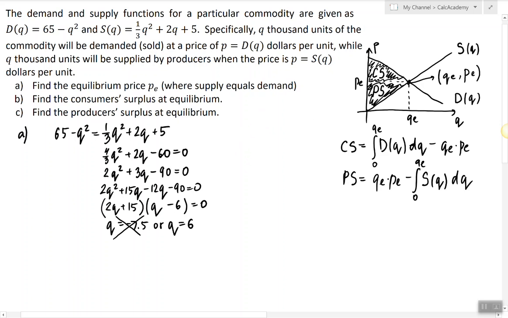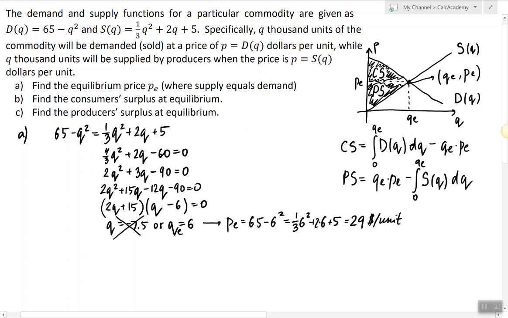So Q at equilibrium is equal to 6, and we still have to find price at the equilibrium. To find price we just plug in the Q that we found into one of the two equations, and it doesn't matter which one, both of them will give you the same value. So it seems like the price at the equilibrium is $29 per unit.